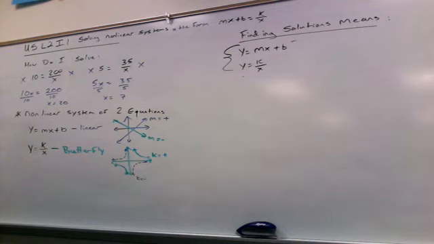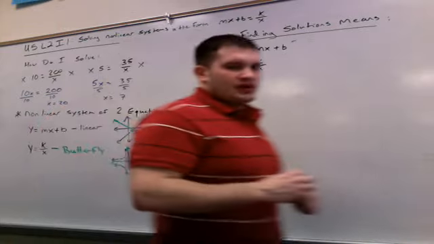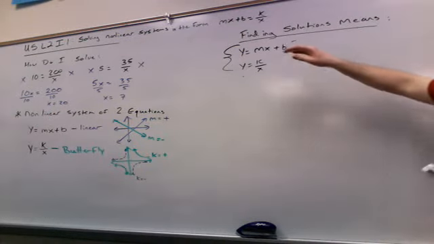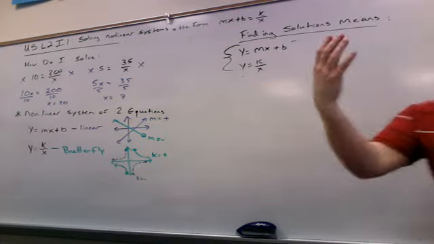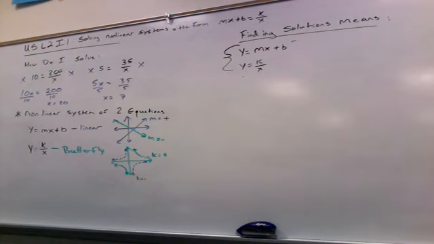Now we're going to look at a system of these two equations. A system of these two equations means we have y equals mx plus b and y equals k over x, and somehow they're related, right? Somehow they're connected. Now if I have a system of equations, finding the solutions, what does that mean?